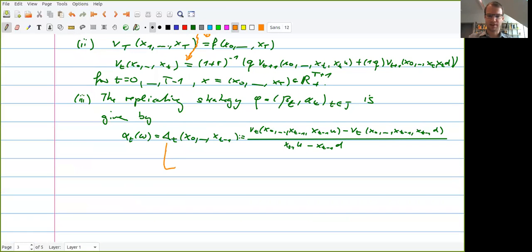This is nothing else than a discrete derivative, the derivative in the mathematical sense, of the value function.